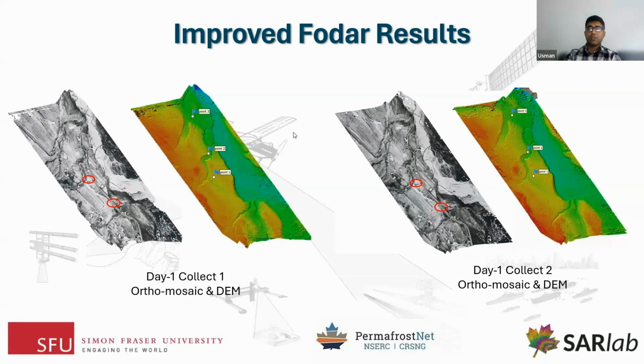Once we did the FODAR results, these are just the overview, or the outlook, of the results, the orthomosaics and the DEMs. The 3 points that are highlighted as point 1, point 2, and point 3 are the ground control points that were done along the highway. The bottom red circle is the point where the differential station was installed, and the top left red circle is where the snow pile was made.